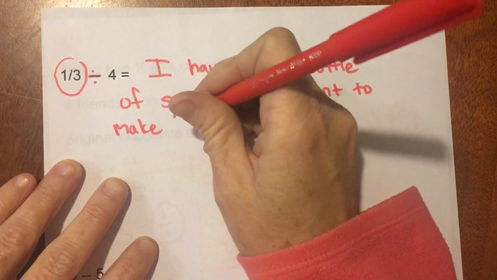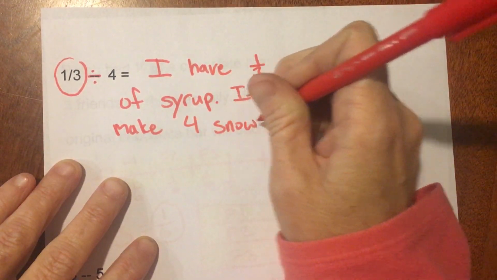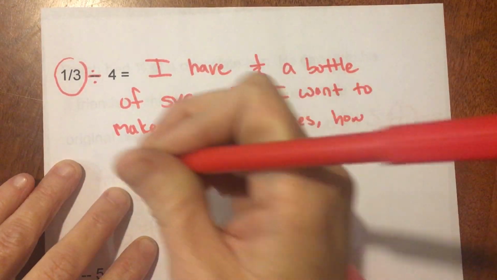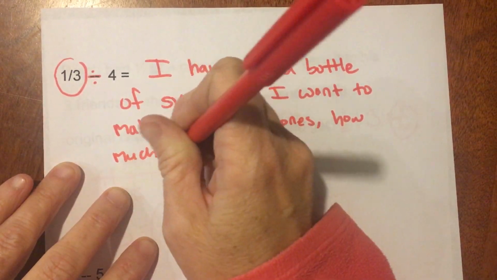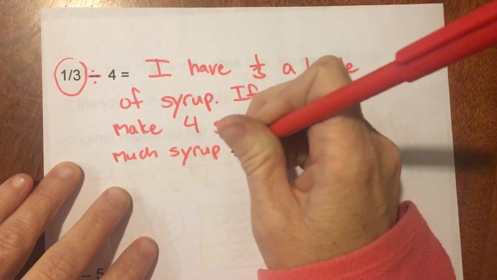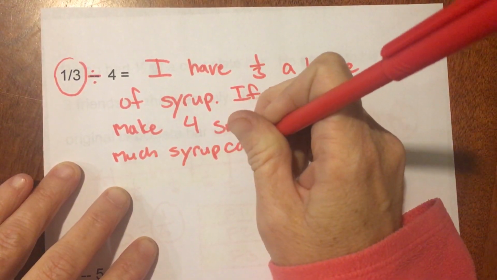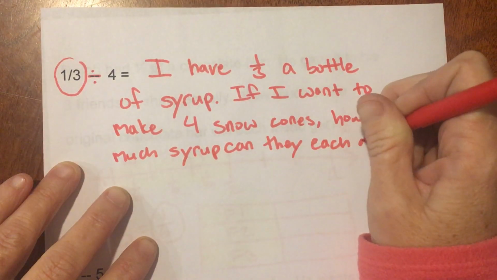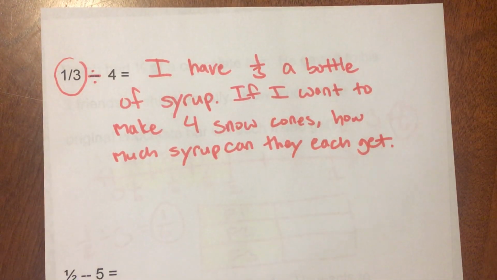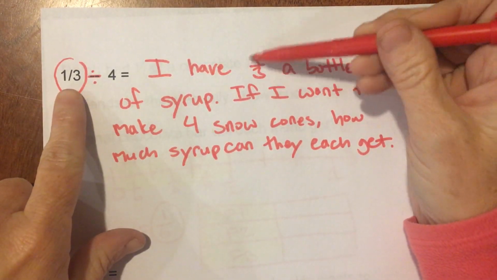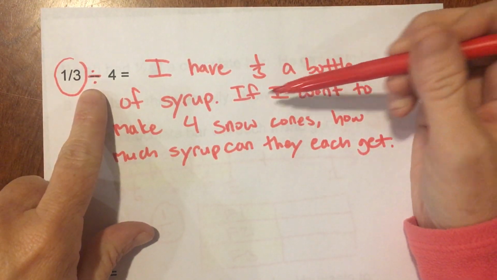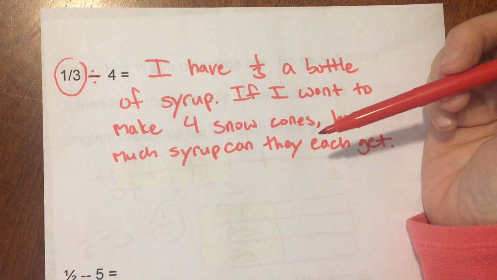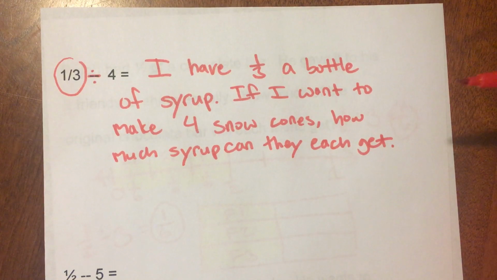So if I want to make 4 snow cones, how much syrup can they each get? So notice my story says I have a third of something and I'm going to be dividing it into 4. So this time I'm dividing it into 4 snow cones. Okay, so this would be my word problem.